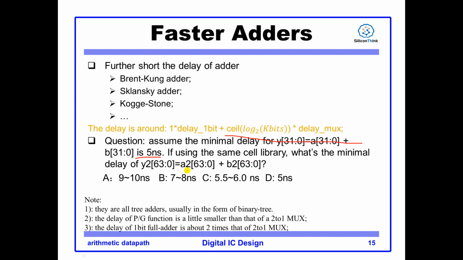Then if we increase the input bitwidth and use the same cell library, that is, the same cells or cells with the same delay, what's the minimum delay we can get for this 64-bit adder? A, B, C, D. Which one is right? Which one will you choose?